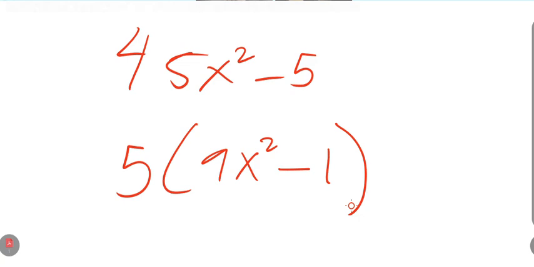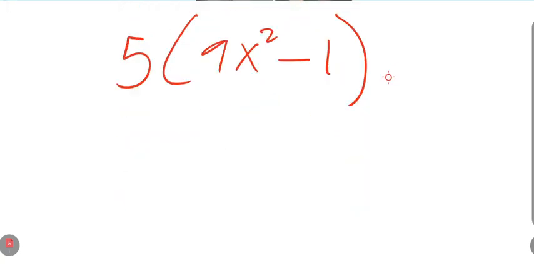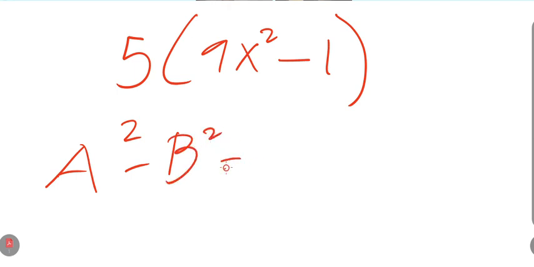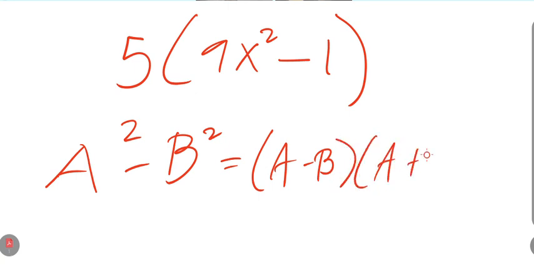of squares pattern in the expression inside the parentheses. We see inside the parentheses we have 9x squared minus 1. Now, this fits the pattern in which, if you remember the pattern of this equation, a squared minus b squared is equal to a minus b times a plus b.